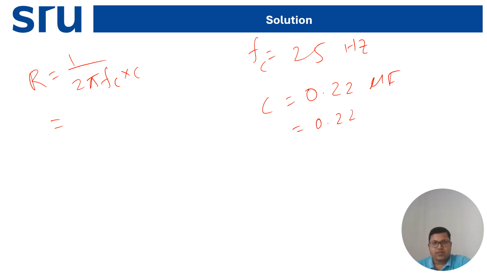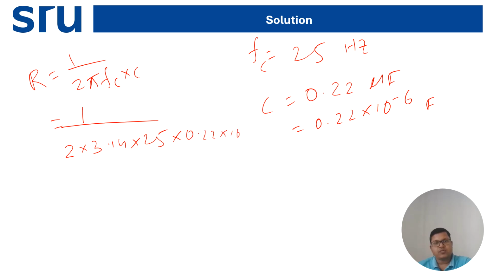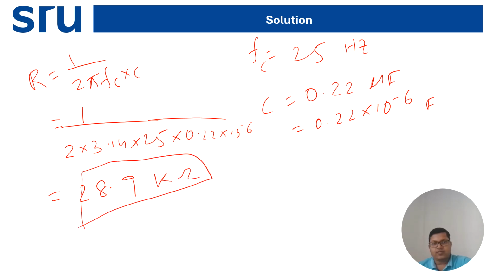If we convert, it becomes 0.22 into 10 to the power minus 6 farad. Now we put in all these values: 1 over 2 into 3.14 into the cutoff frequency 25 Hz, multiplied by 0.22 into 10 to the power minus 6. If we calculate this equation, the final value becomes 28.9 kilo ohm.